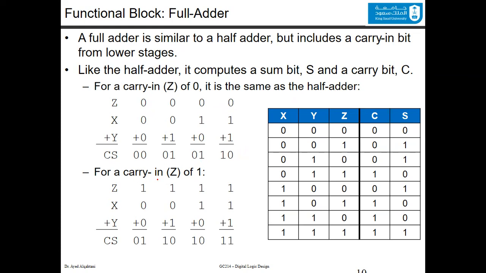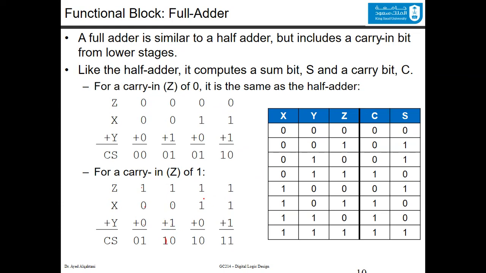If you have a carry in 1 in the Z, you can generate the output this way. If you have 1 plus 0 plus 0, the result would be 1, carry 0. If you add 1 and 0 and 1, the result would be 0, carry 1.